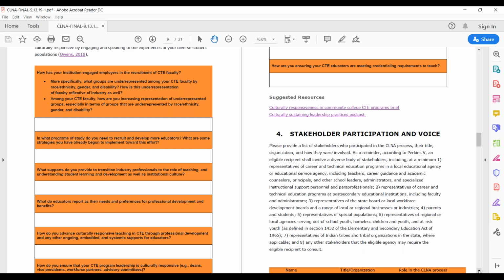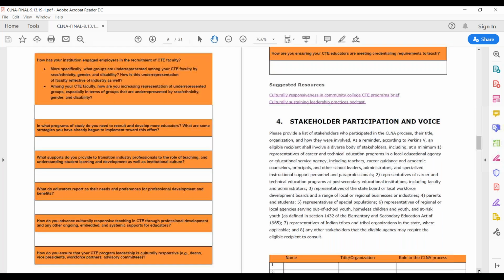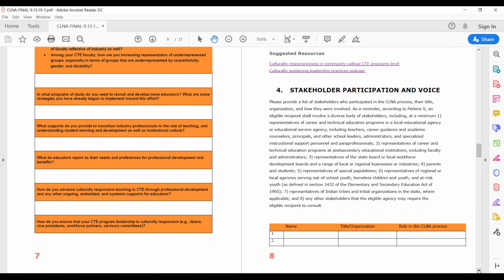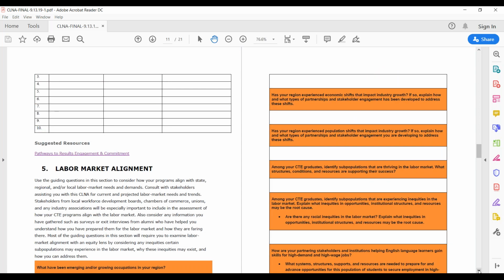So the next section is stakeholder participation and voice. I don't know that we actually had a strategy for that other than to compile the list of all of the various moving parts, who people have been, and what they gave input on.